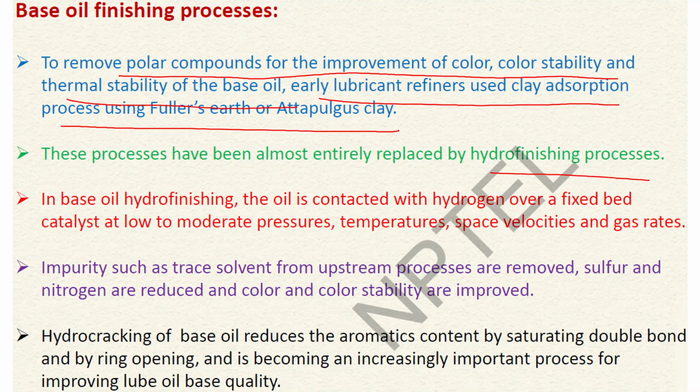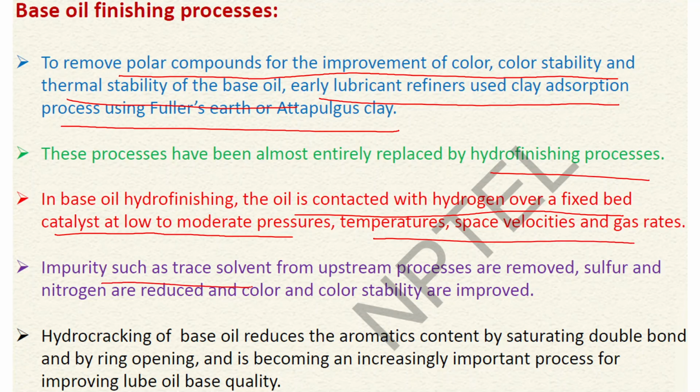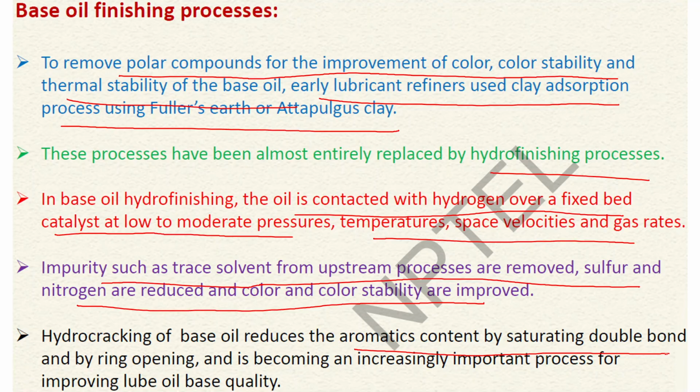In base oil hydrofinishing, the oil is contacted with hydrogen over a fixed bed of catalyst at low to moderate pressures, temperatures, space velocity and gas rates. Impurities such as trace solvents from upper processes are removed, sulfur and nitrogen are reduced, and color stability is improved. Hydrocracking of base oil reduces the aromatic content by saturating double bonds or by ring opening and is becoming an increasingly important procedure for improving the lube oil base quality.